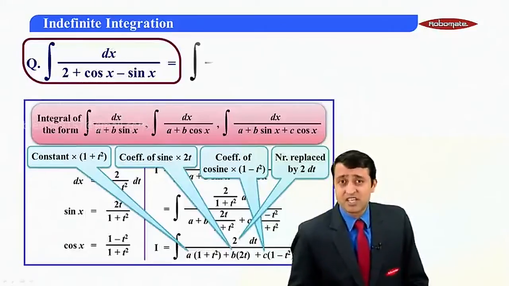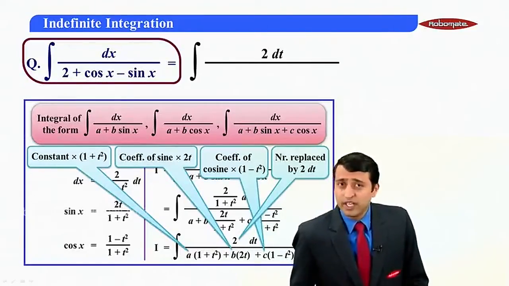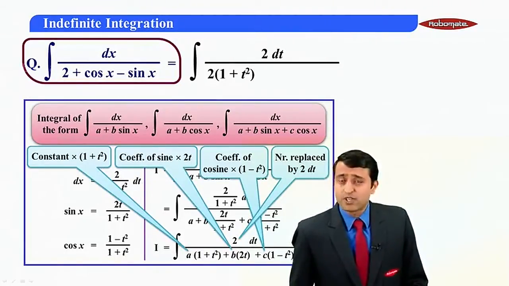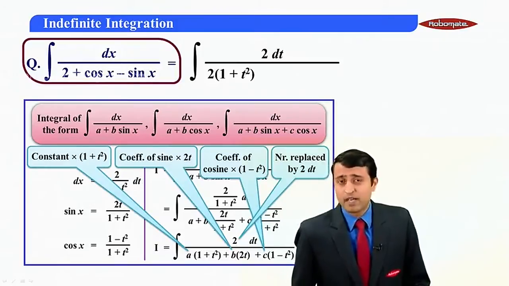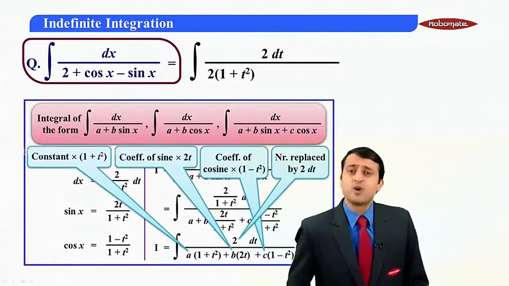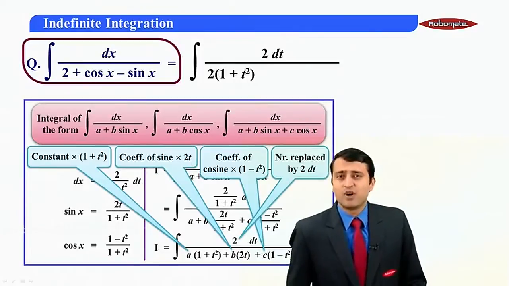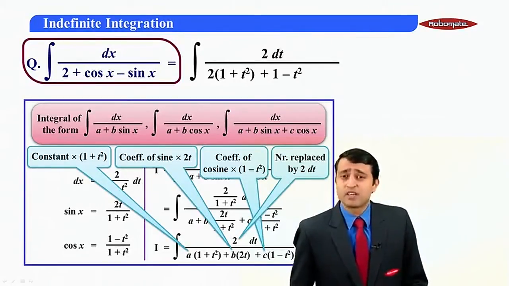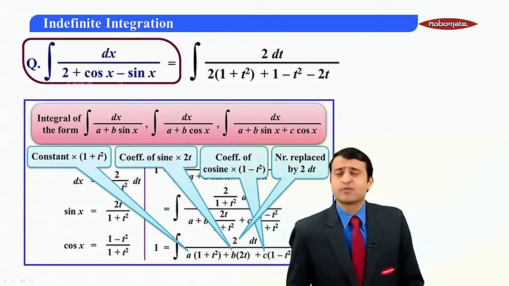Now the shortcut says replace the numerator by 2 dt. The constant will be multiplied by 1 plus t square. The coefficient of cosine will be multiplied by 1 minus t square. In this case, coefficient of cosine is 1, or I can say in this case, replace the cosine term by 1 minus t square. Replace the sine term by 2t, so minus of 2t.